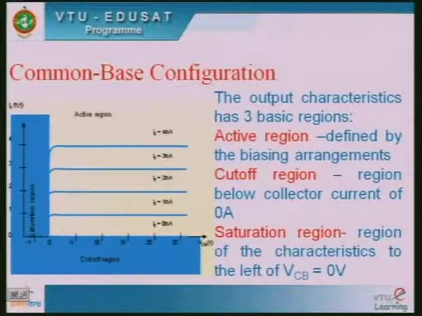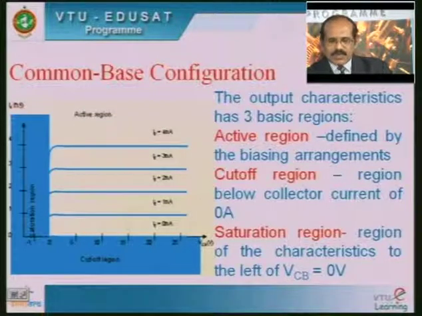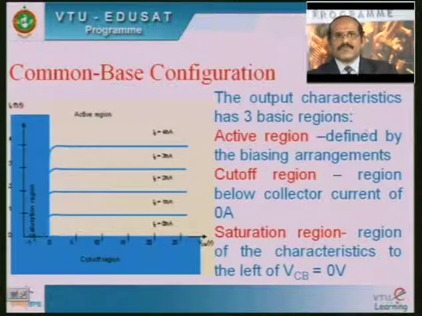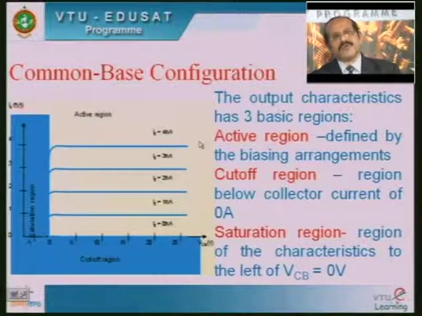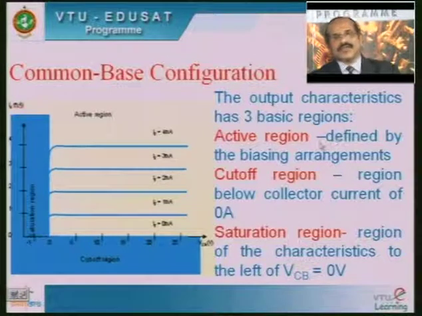Now let us see the output characteristics of the common base configuration. Once again, it consists of 3 regions. One is the active region, defined by the biasing: to have the BJT in the active region, we need the emitter base junction forward biased and the collector base junction reverse biased.